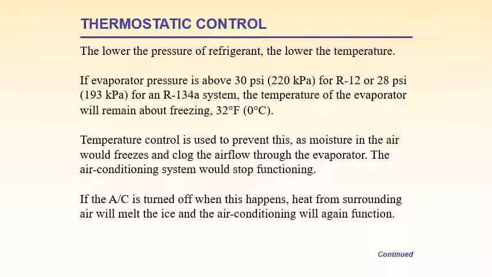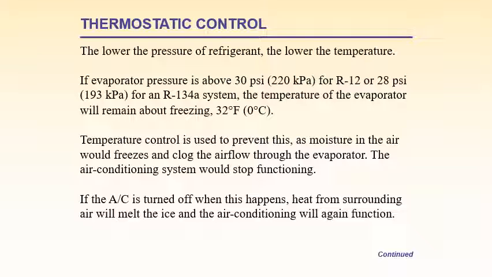If evaporator pressure is about 30 psi, meaning 220 kilopascal, for R12 refrigerant, or 28 psi, that is 193 kilopascal, for an R134A system, this R134A is the refrigerant, the temperature of the evaporator will remain above freezing. Okay, that is 32 degrees Fahrenheit, 0 degrees centigrade.